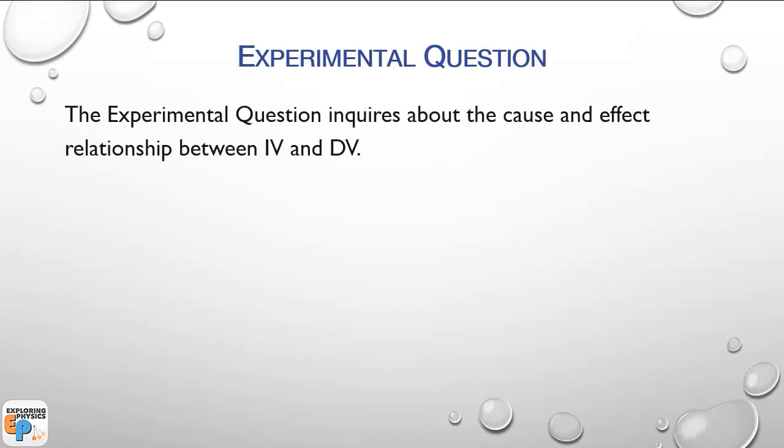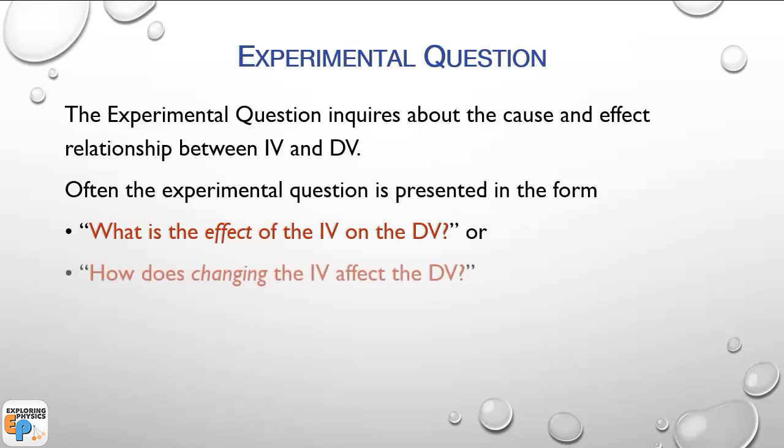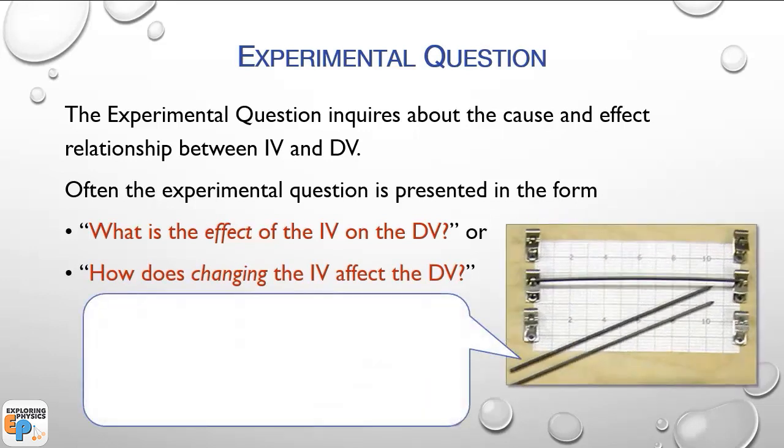The experimental question inquires about the cause and effect relationship between the independent and dependent variables. Often the experimental question is presented in this form: What is the effect of the IV on the DV? Or, how does changing the IV affect the DV?